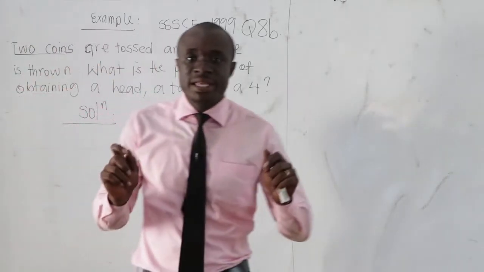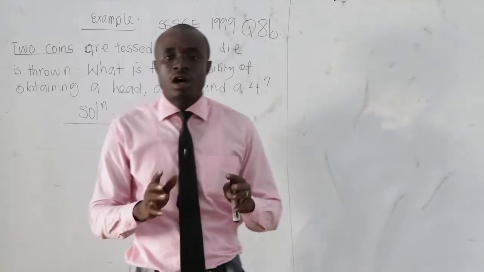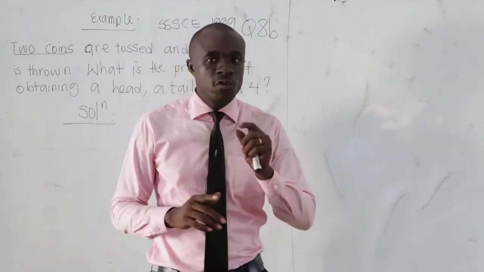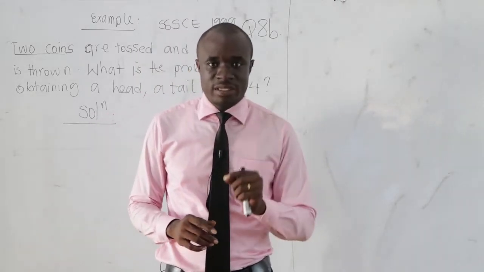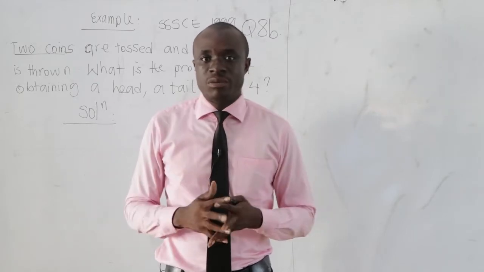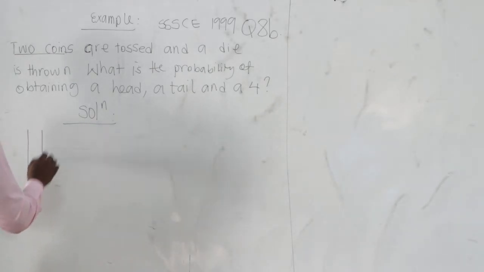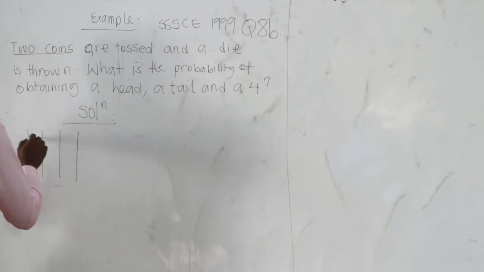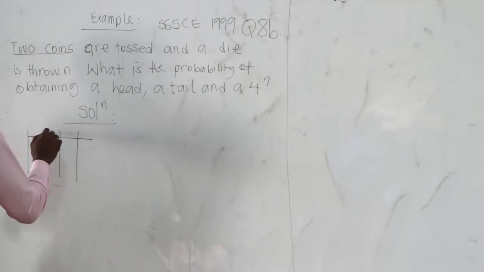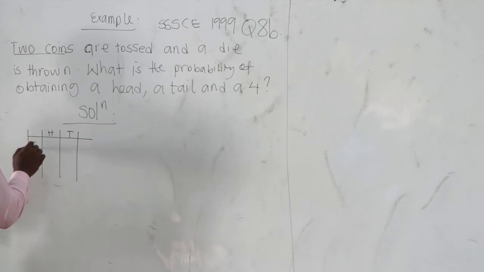Now we know that probability is the number of events over the number of sample space. So first we have to know the event. Now let's come up with the sample space. 2 coins are tossed. We know for a coin you either get a head or a tail.